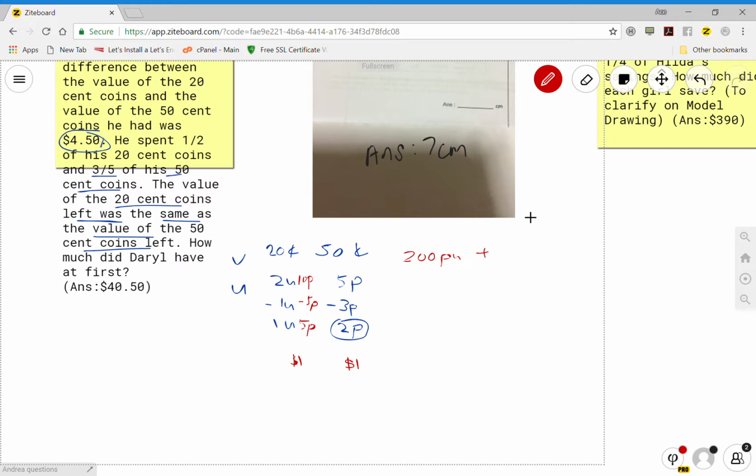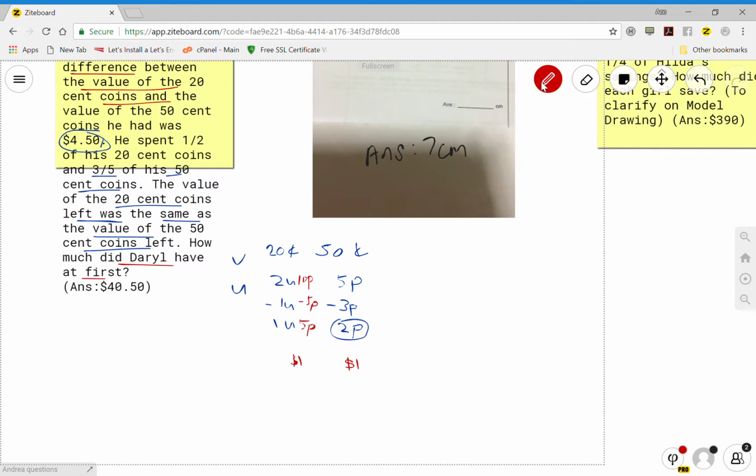Wait, how much did Daryl have at first? Five parts. Oh, sorry, this is the difference. The difference. Okay, I thought it's the total.